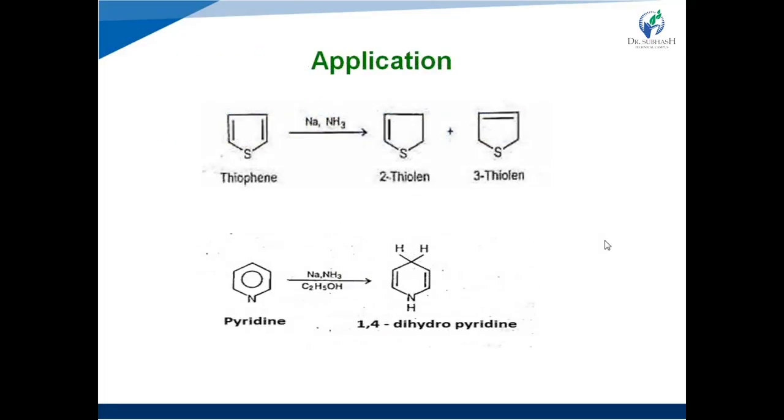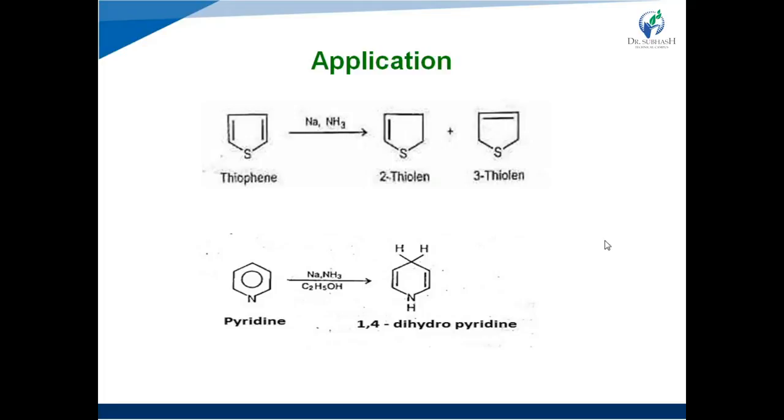Now, applications of Birch reduction. As we discussed, it causes the reduction of the aromatic ring, right? So aromatic rings like benzene, and different heterocyclic compounds which show aromaticity, can be reduced by this Birch reduction.